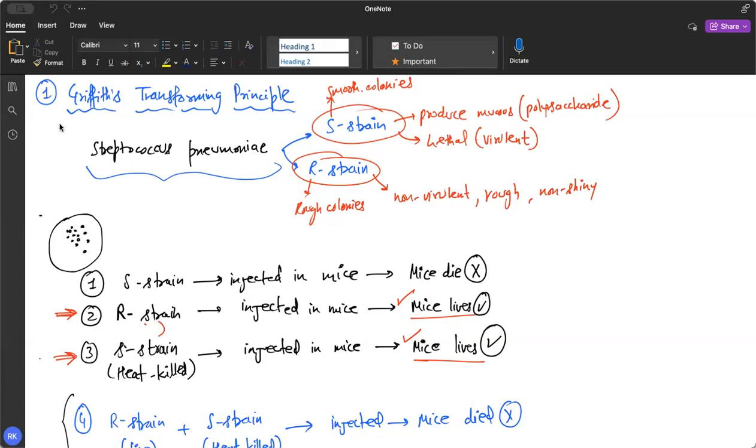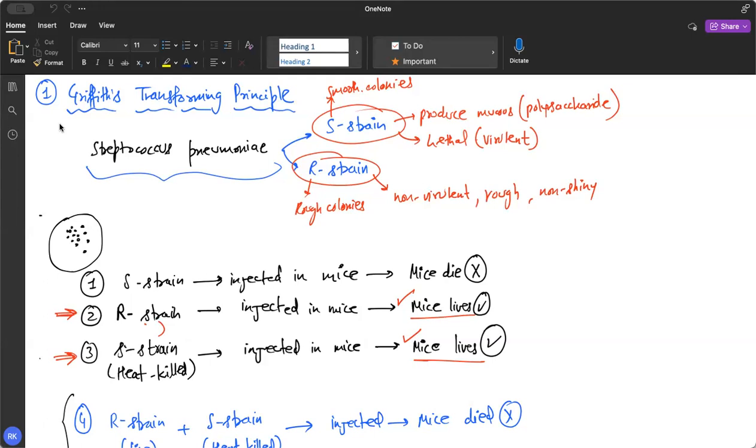The other was the R strain, which is rough, formed non-shiny colonies, and was not lethal. Infection with the R strain will not lead to death, but infection with the S strain will lead to pneumonia in the lungs, and finally the organism will die.